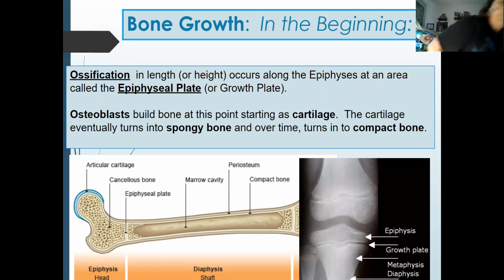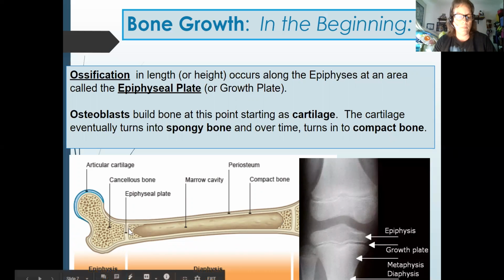Okay, so looking at our picture here, you can see the epiphyseal plate right here. It's right at the base of the epiphysis, almost getting into the shaft area, which we call the diaphysis. And this is just an X-ray showing there's your epiphysis, there's your growth plate right here, and then the diaphysis is down here.